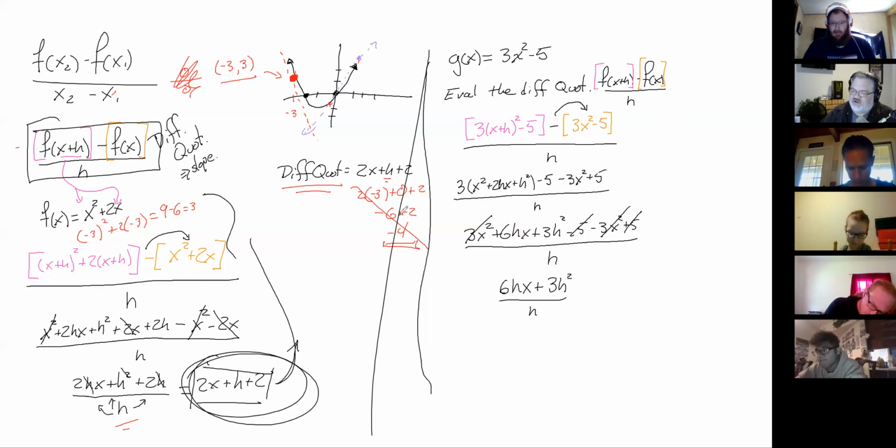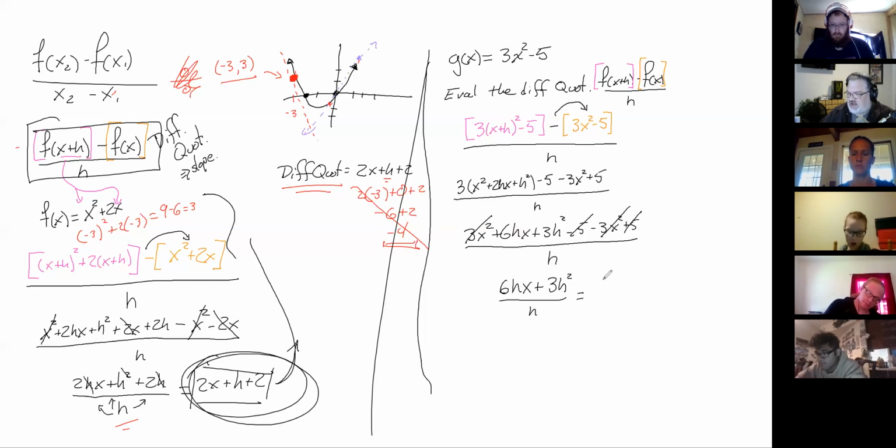So if you're ever doing this and these things aren't canceling and you're getting terms without h's in here, go up and look at all your distributions and your negative signs. Make sure you've found all your pieces, because they should all cancel, leaving you with just a nice factor of h on top here.